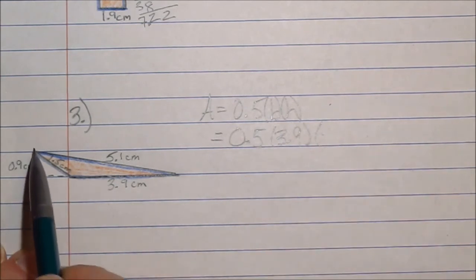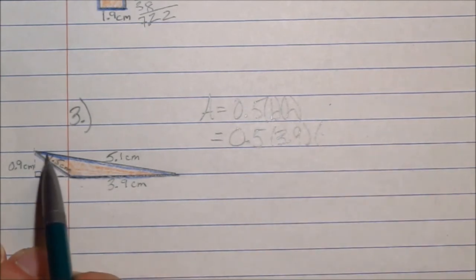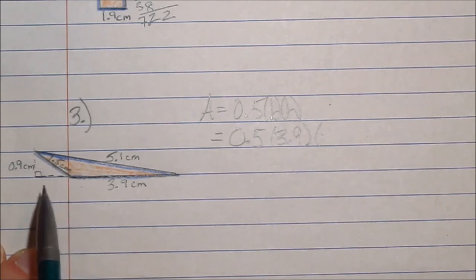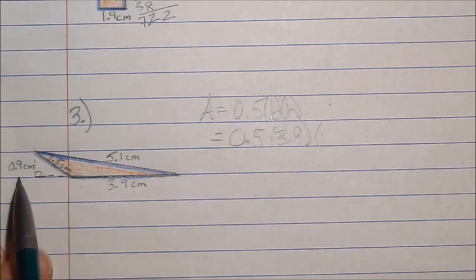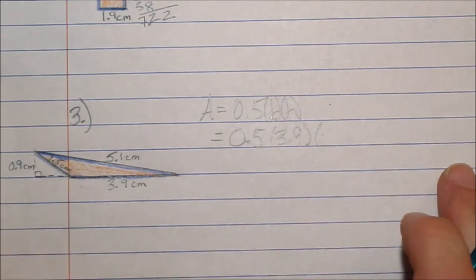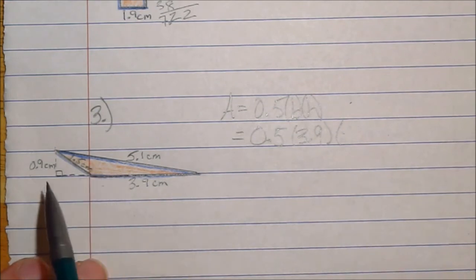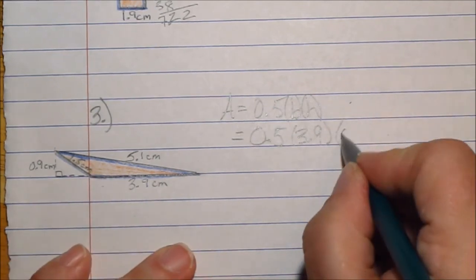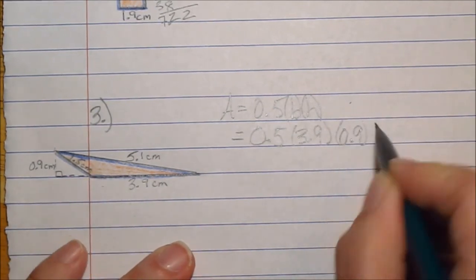It's kind of a weird little triangle. This is not my height along here, that's a side of the triangle. The height has to be perpendicular from the base. So my height, it might be hard to see, but it is 9/10. So I've got 0.9 here for my height.